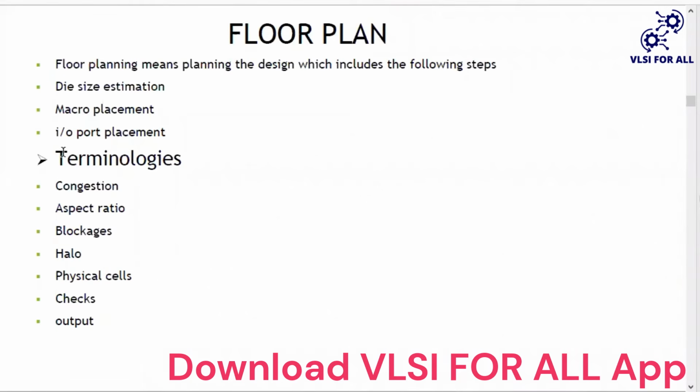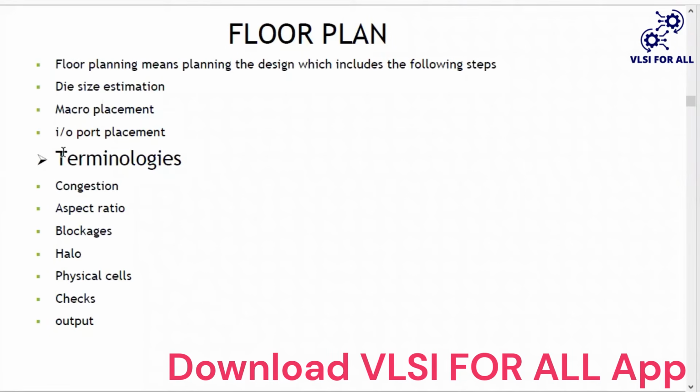we need to check the congestion, aspect ratio, and blockages. Congestion is how much congestion is acceptable. Aspect ratio means, if we define any length and width, the ratio of your design.